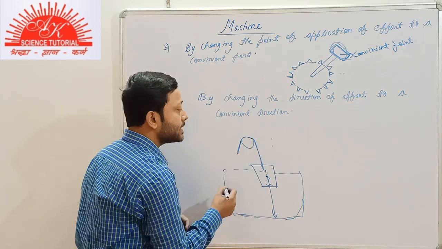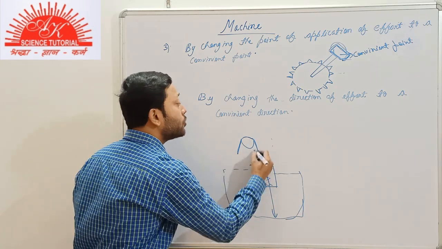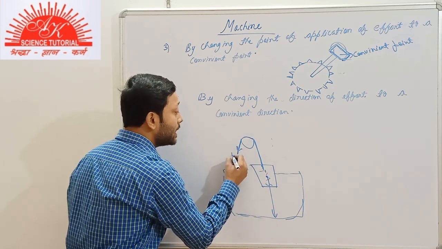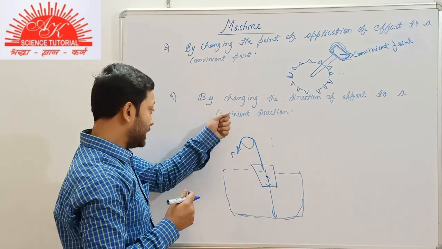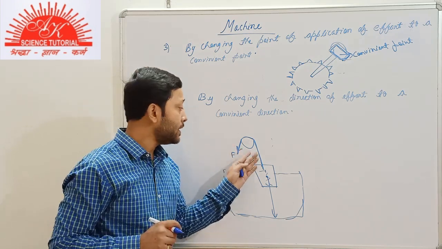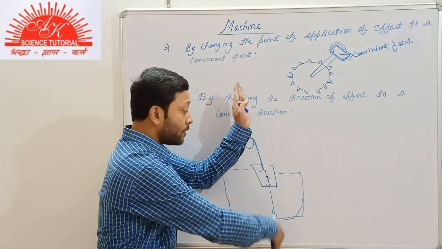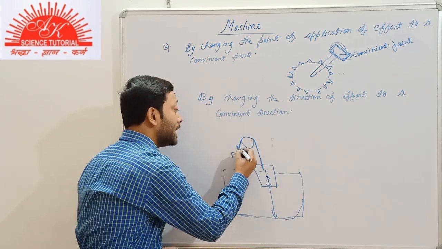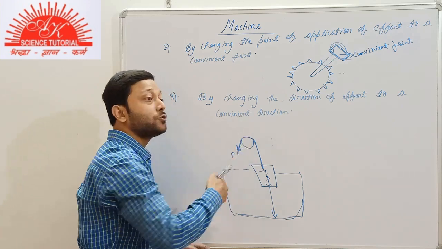Now in this case I do not have to apply the force in the upward direction. This time I'll apply the force in the downward direction, in this direction, and now I am not exerting the force in the direction opposite to the force due to gravity. Now I am applying the force in the direction of the force due to gravity.